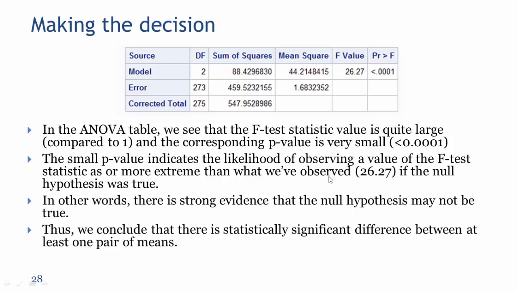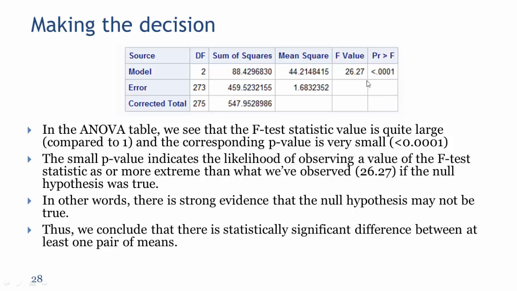Okay, so how do you make a decision based on this ANOVA table? So we see that the F test statistic value is quite large and the p-value is quite small. So the p-value, again, gives you the likelihood of observing this value of the test statistic, or more extreme than the one that we have observed, if the null hypothesis was true.